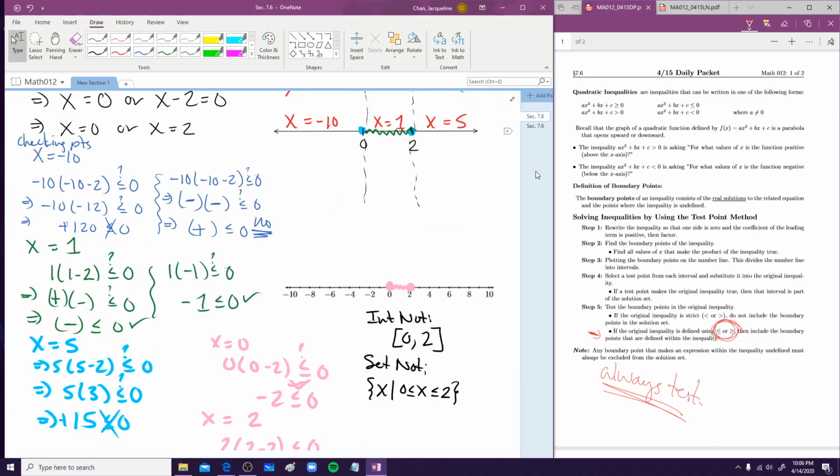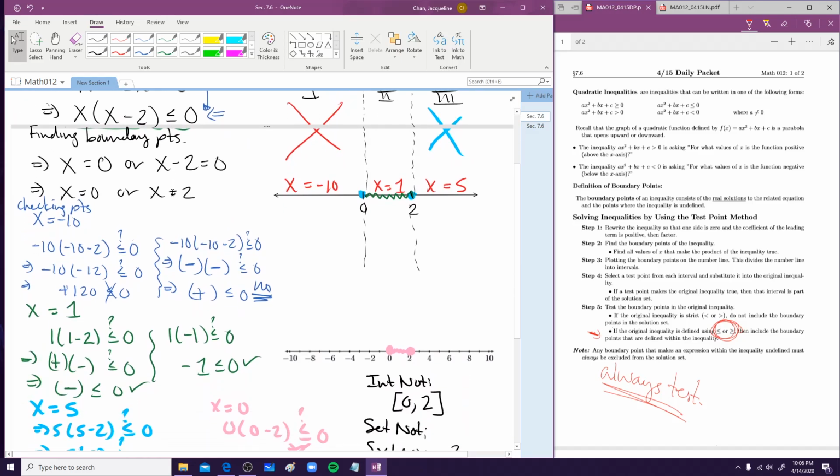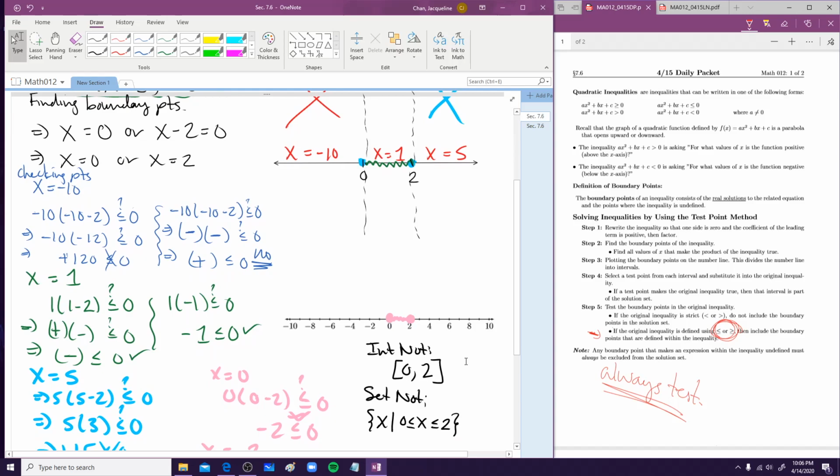And same thing for this example, where we want to look at when it's less than or equal to 0. So essentially, this is saying this is when our graph is below the x-axis, and everything else is above the x-axis. That's why we're just looking at the x-axis and not the y-axis.